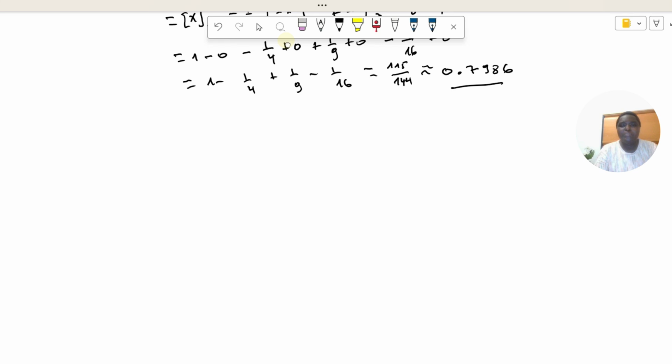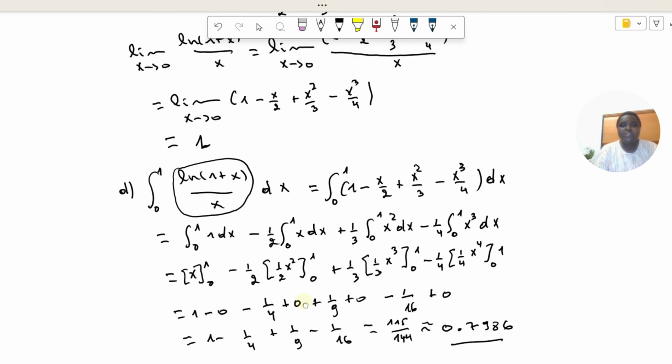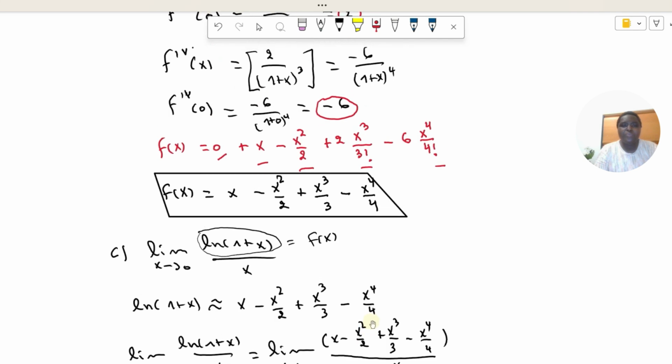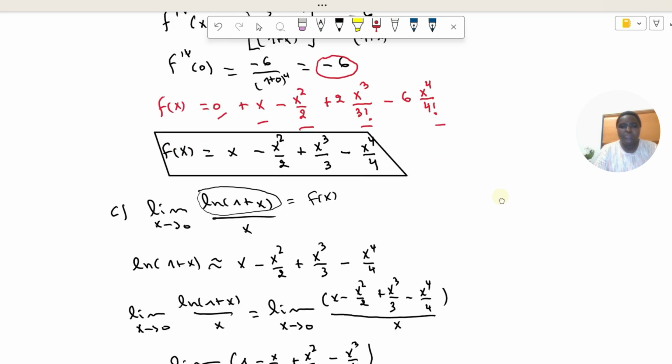I think you remember the Taylor series that we have computed, f of x equal to x minus x squared over 2 plus x power 3 over 3 minus x power 4 over 4. Using this one, we are going to write the power series of our function ln of 1 plus x.